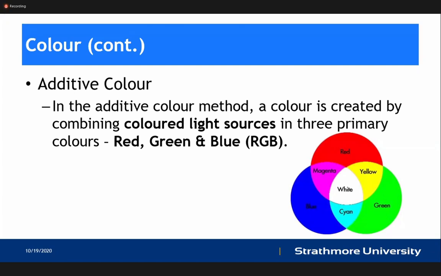When you mix red and green, you get yellow. Blue and green, you get cyan, and blue and red, you get magenta. And these magenta, yellow, and cyan are the subtractive colors. When you mix all three colors together, you get a white color.